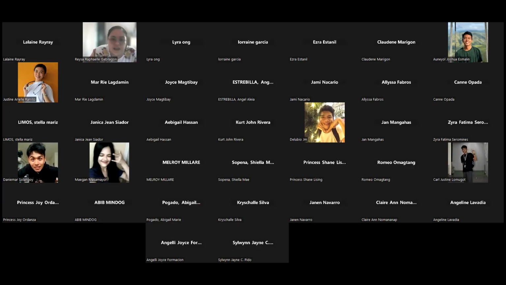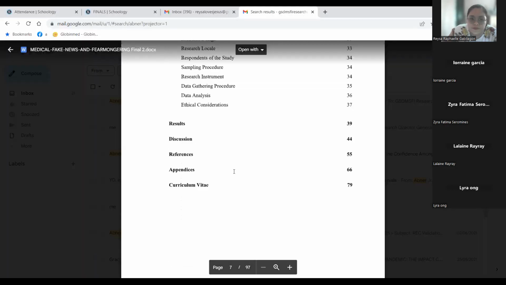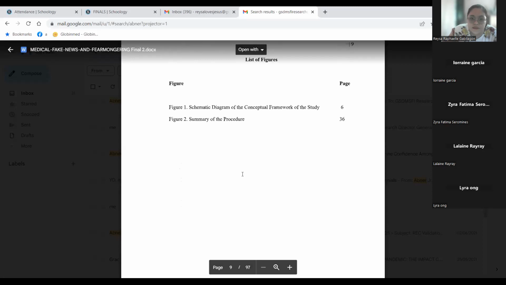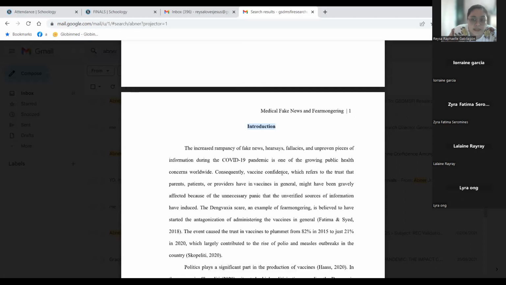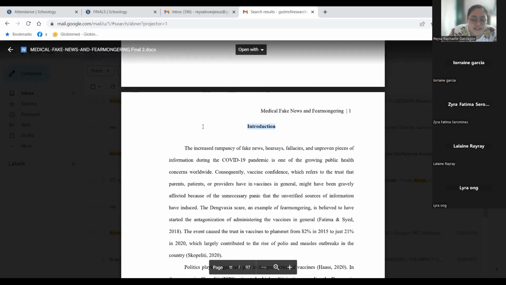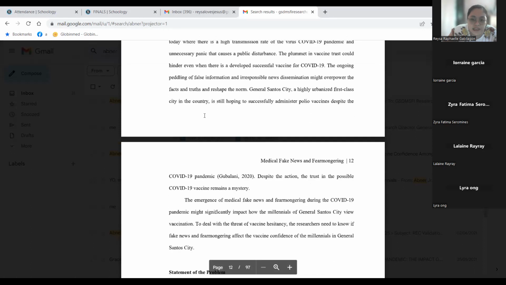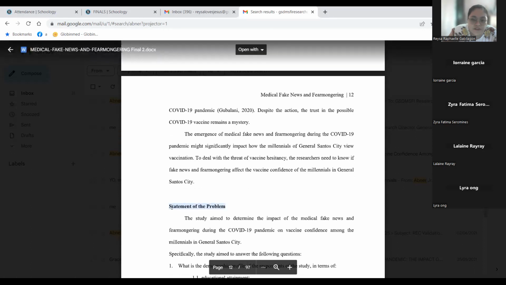Let me show you para masabta ninyo ako ang ginamin. Halika na to ang ilahang paper. So just like this one, this is heading level 1, the introduction. Okay, nasa center yan naka-bold. And then, this is heading level 2.